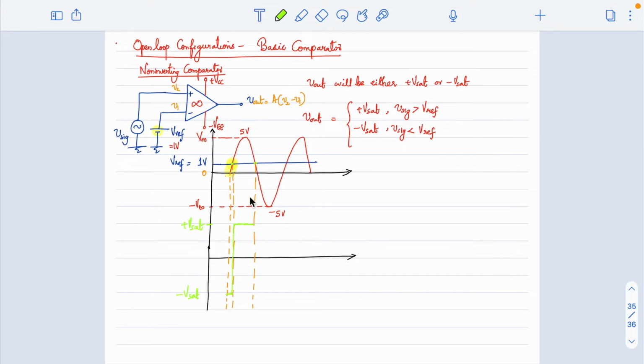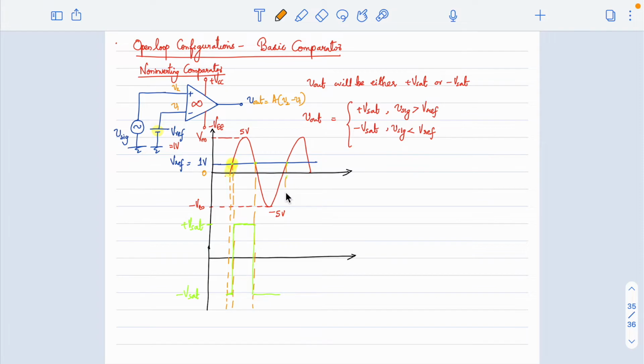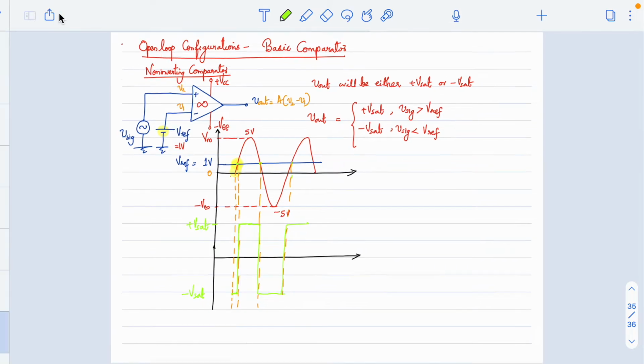That will make your output switch from plus Vsat to minus Vsat. This will be repeated in the next comparison, which will happen only at this specific point. Alright, so this is how we can write the output of a non-inverting comparator. I hope this is clear.